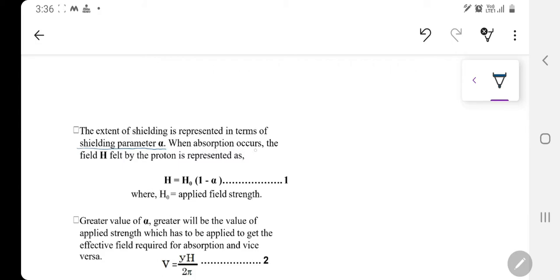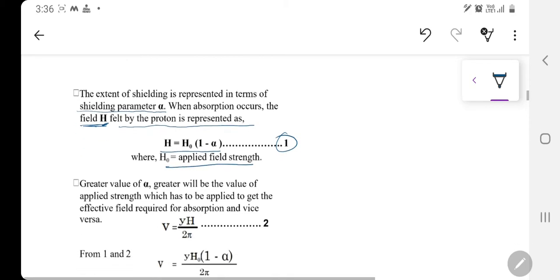When absorption occurs, the field felt by the proton is represented as H equal to H0 (1 minus alpha), where H0 is the applied field strength.